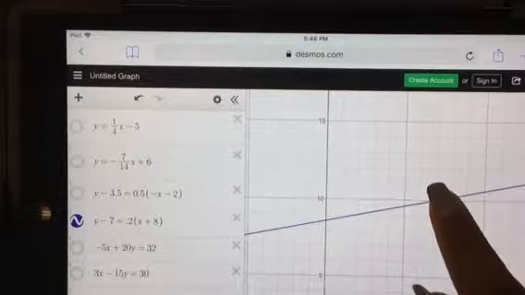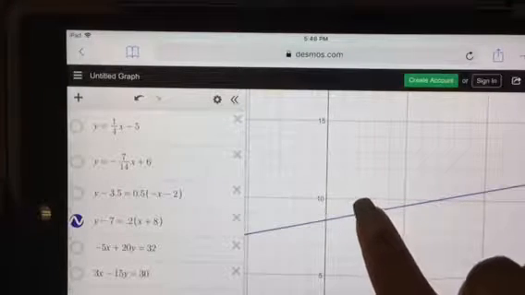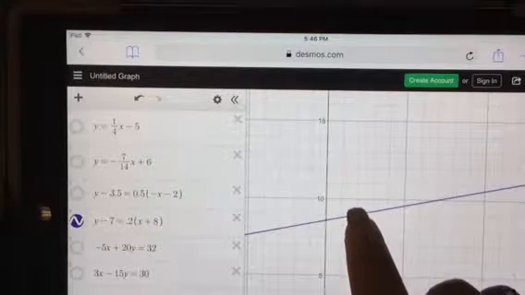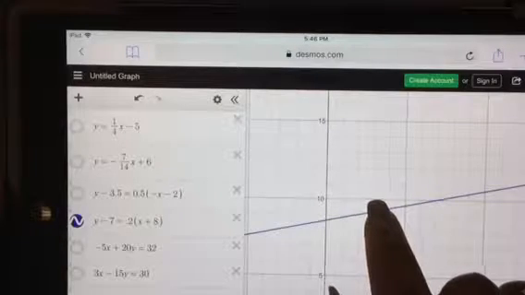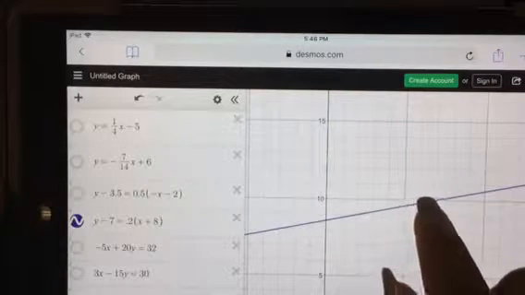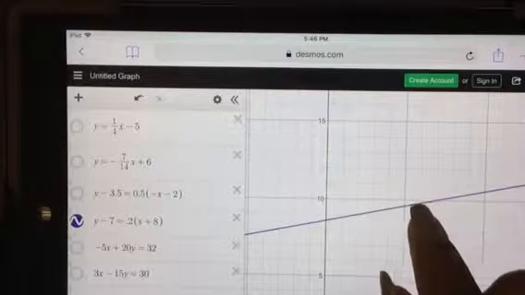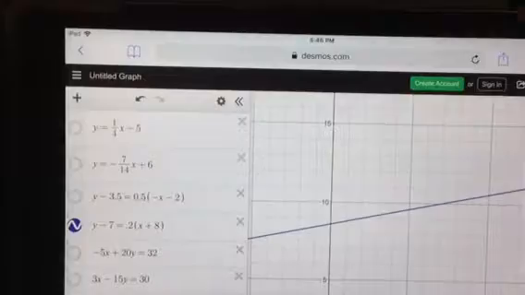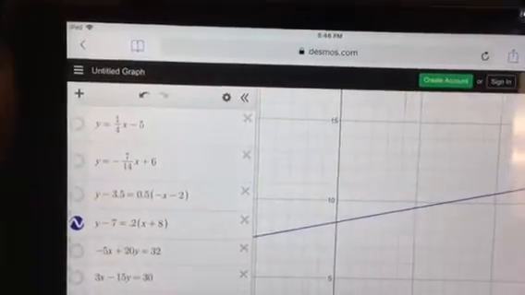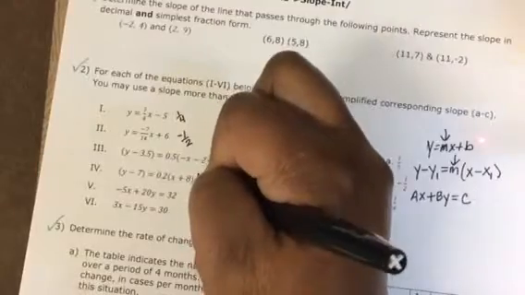I see a point here and a point here. So my rise is 1 and my run is 1, 2, 3, 4, 5. So this line is going up, so it's positive. So my slope is 1 over 5. I'm going to write that down. 1 over 5.